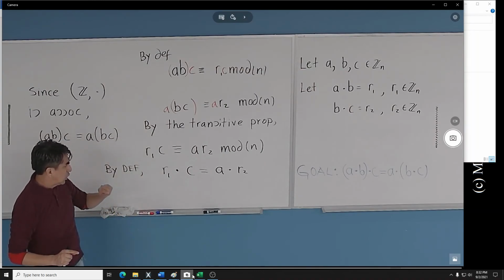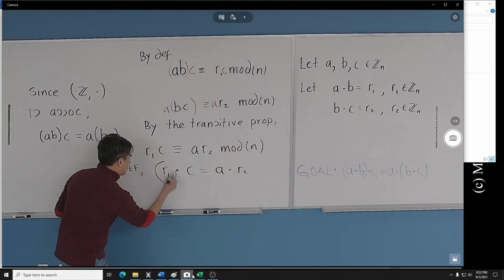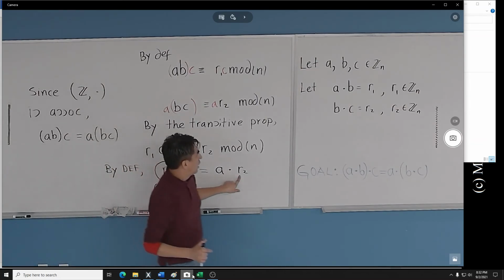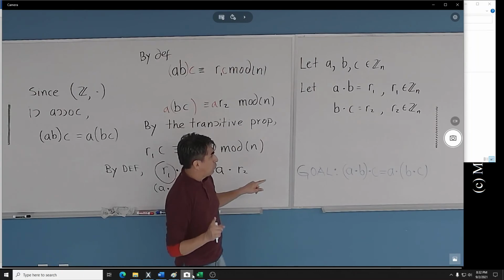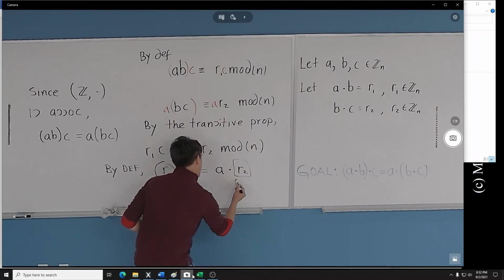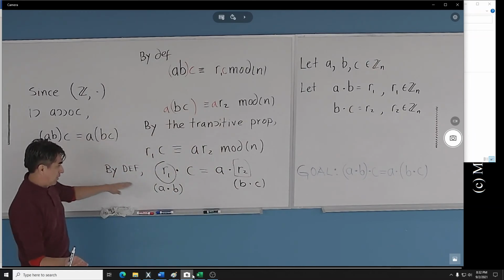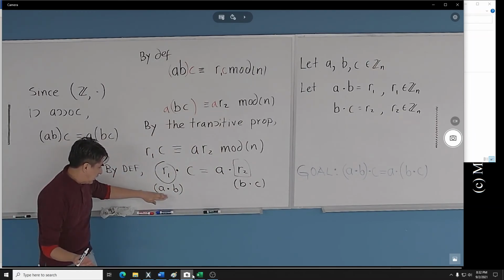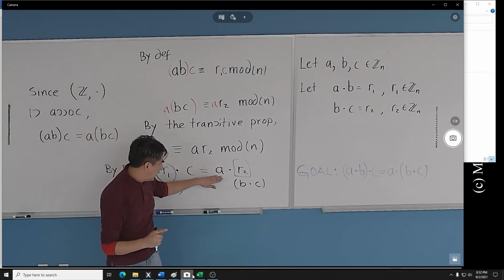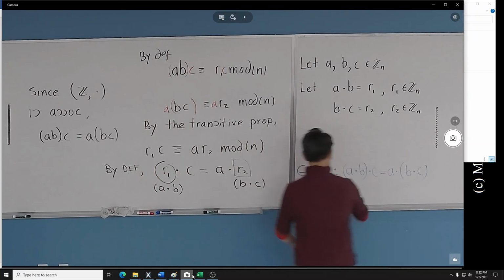R1 is the product modulo n of A and B. Similarly, I know that R2 is the product modulo n of B and C. So observe then that the quantity A dot B multiplied by C equals A dot the quantity B dot C. In other words, our goal.